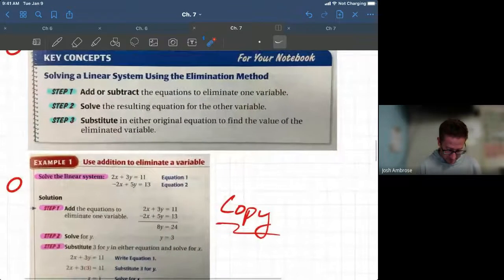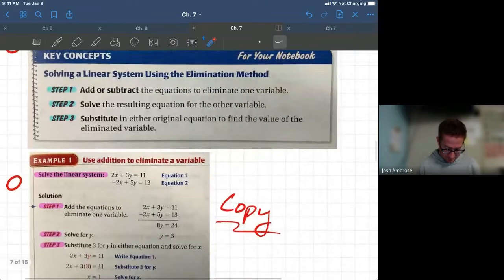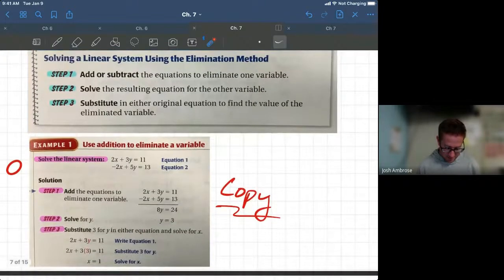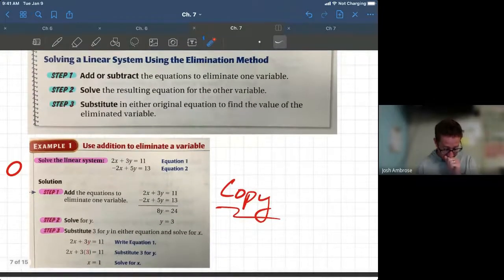All right, let's keep those notes right there, but take a look at the problem that we have here. So we are looking now at an example problem that has been given, and take a look at the 2x, take a look at the negative 2x. These guys right here and right here, they can be eliminated.